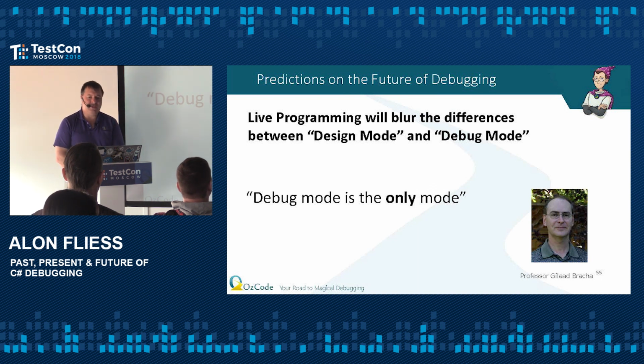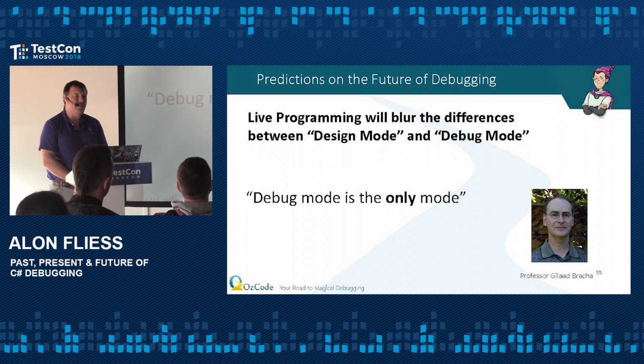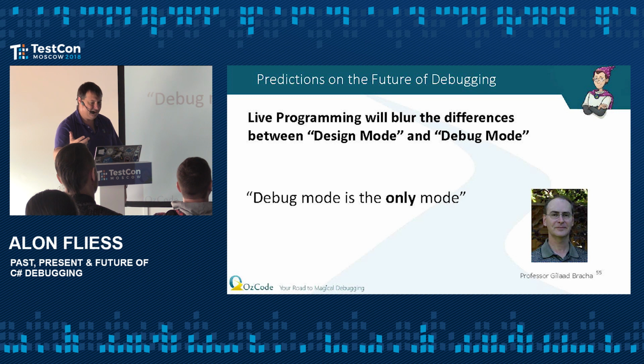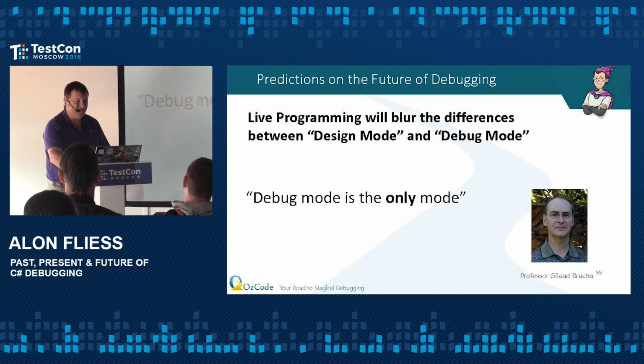We want you to use the debugger while you write the code, and to let you understand what is going to happen in the future with the code. Okay? So we actually want development, testing, and debugging to be the same action that you do all the time.